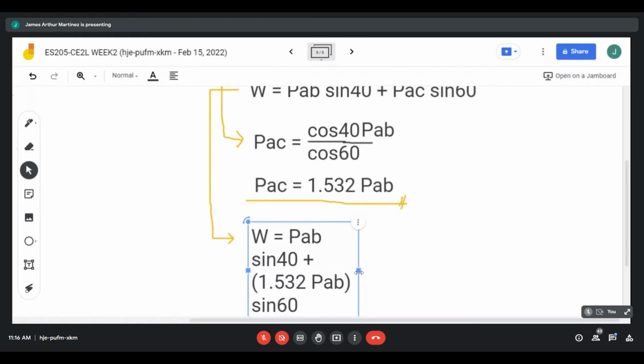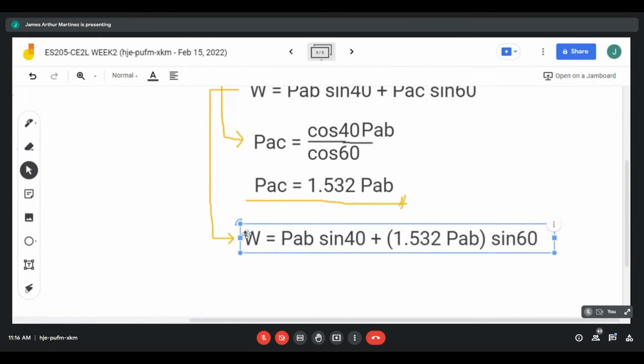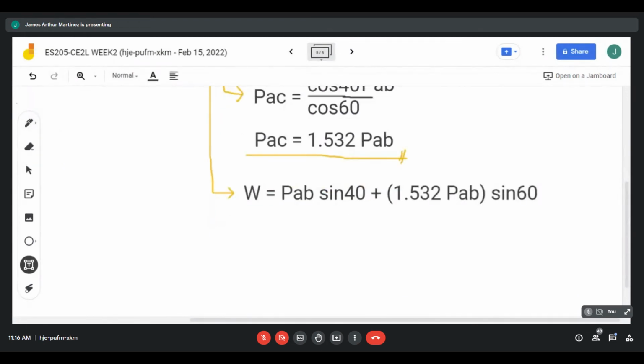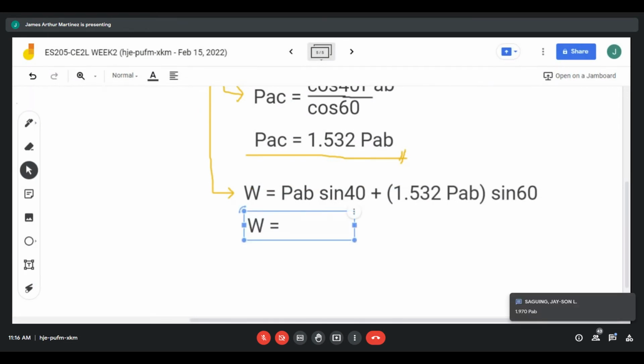Combining like terms and simplifying, we will have W is equal to sine 40 plus 1.532 sine 60, which is 1.97 of PAB.